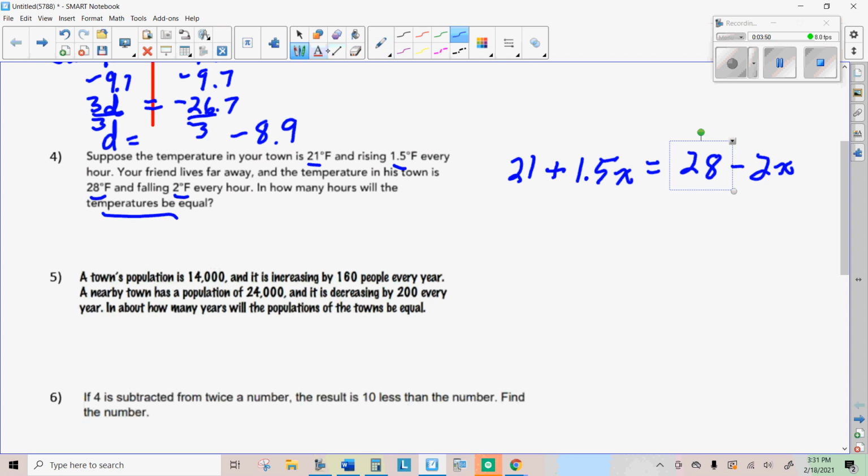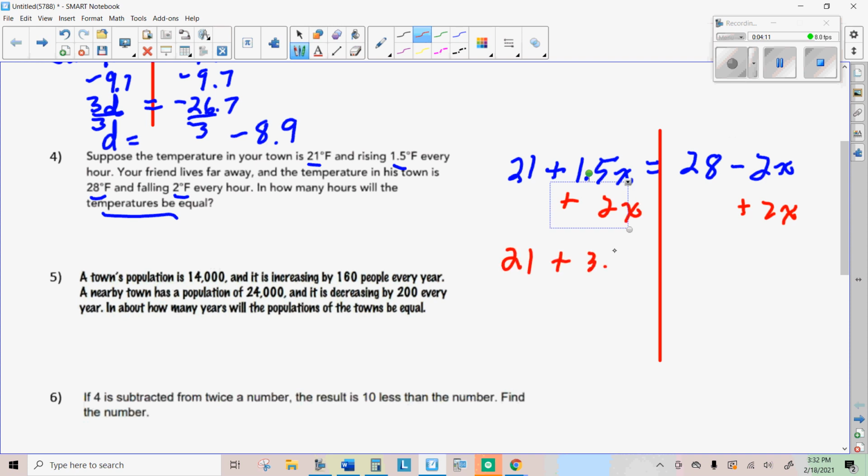Okay, and I'm going to solve it by balancing. I got to get rid of the x's from one side. I'm going to get rid of the negative 2x over here by adding 2x to both sides. So that gives me 21 plus 3.5x over here equals 28.